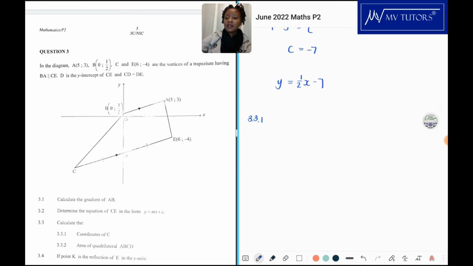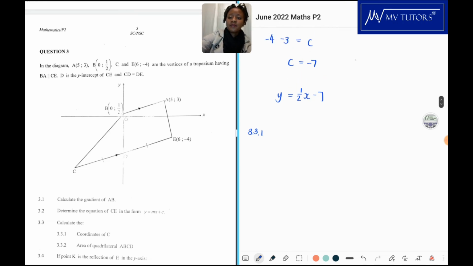By the way, if you want to get the coordinates of D, just a side note, D is actually 0 and negative 7. Okay, they didn't ask for it, we're just putting it out there for ourselves. So they did say in the information that CD is equal to DE.